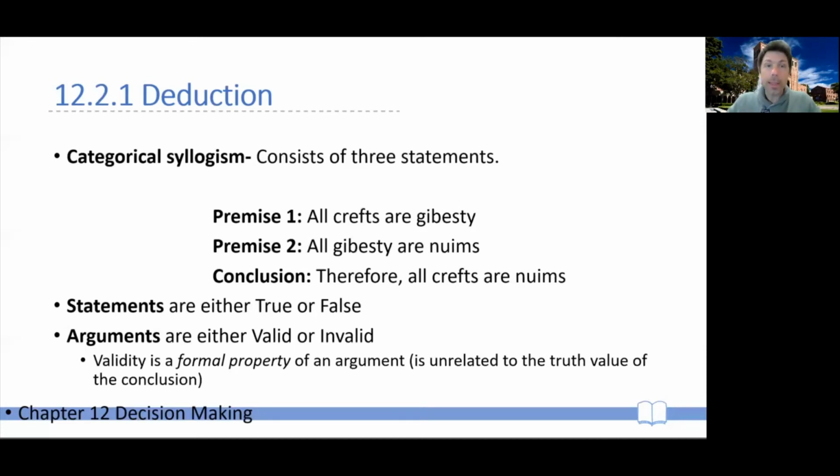Given that all crafts are gibbosity and that all gibbosity are nuums, it has to be that all crafts are nuums. So the argument is valid even if I have no clue what we're talking about. This is what I mean when I say that validity is a formal property of an argument.